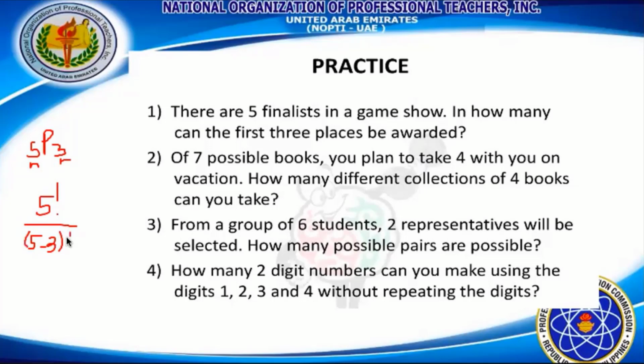eto, ifa-factorial mo. Okay, anong ibig sabihin ng 5 factorial? 5 times 4 hanggang sa dulo, times 3 times 2 times 1 divided by 5 minus 3 is 2.